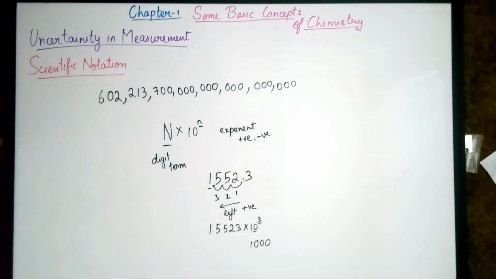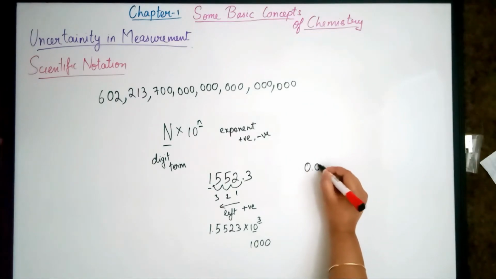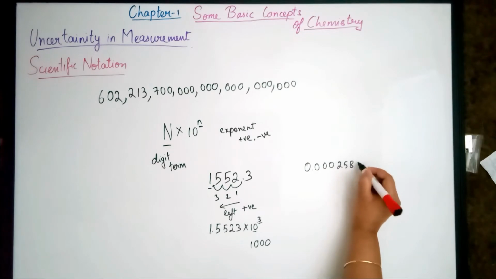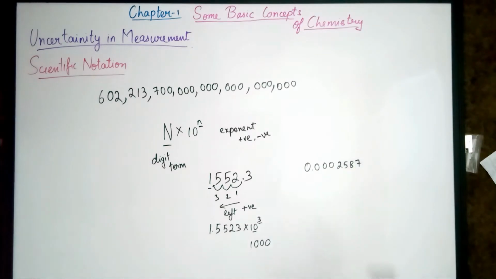On the other hand, let's take the example 0.000257. Here also, you need to have one digit before the decimal point, and this digit should not be 0. It should be a non-zero digit.